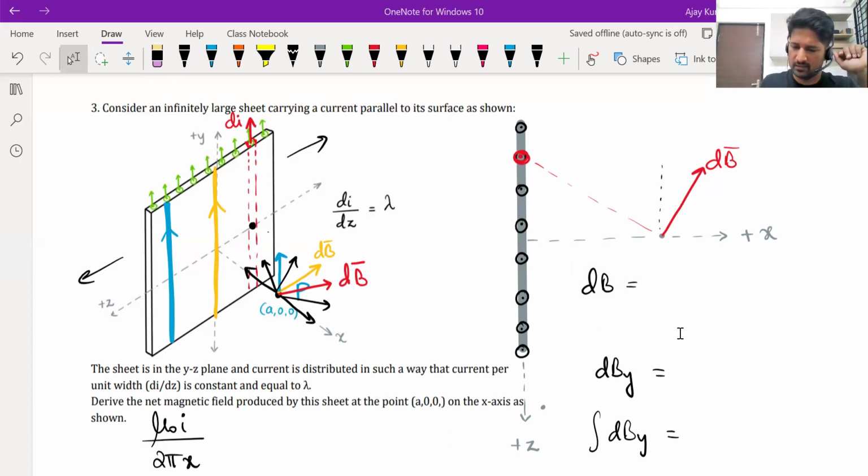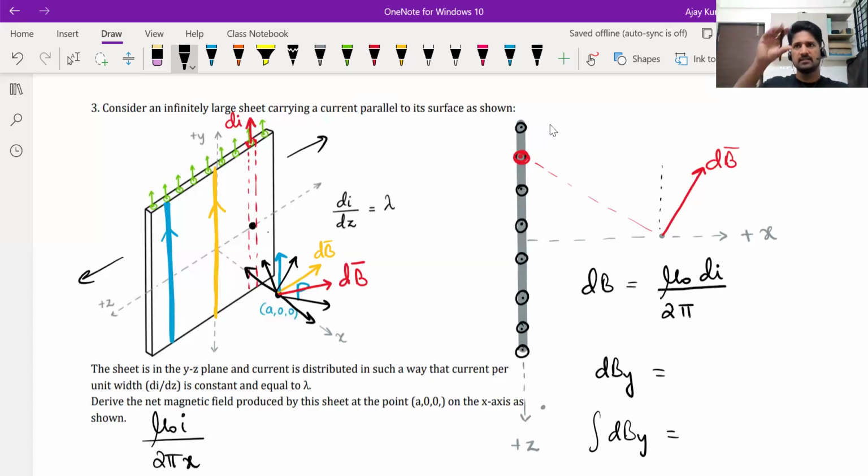Clearly the current is dI. So dB becomes mu naught dI divided by 2 pi. In the formula, x is the distance from the current wire to the point where you want the magnetic field. In this question, how will you express that distance? What is the distance from the current to the point where you want the magnetic field? Anyone?